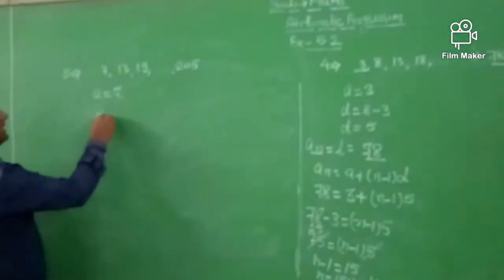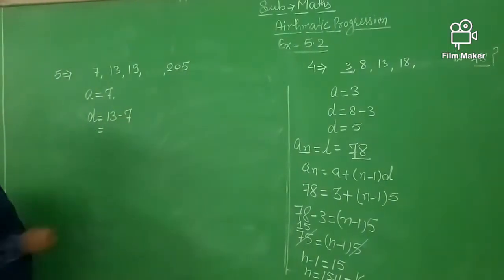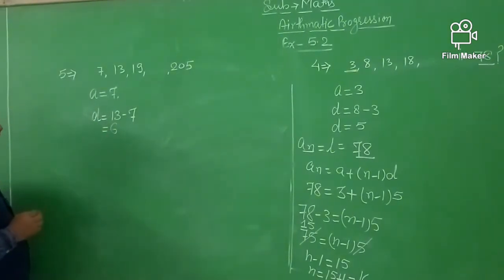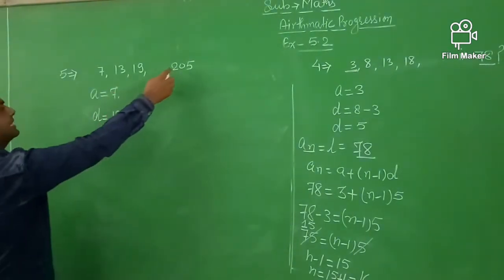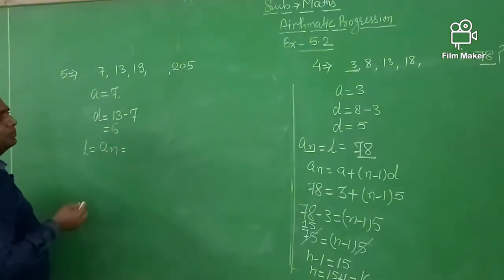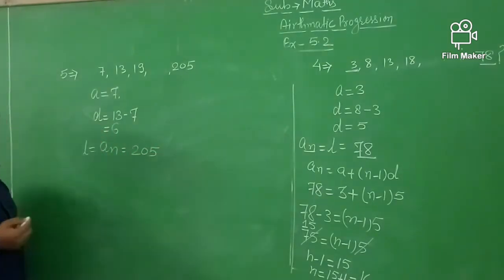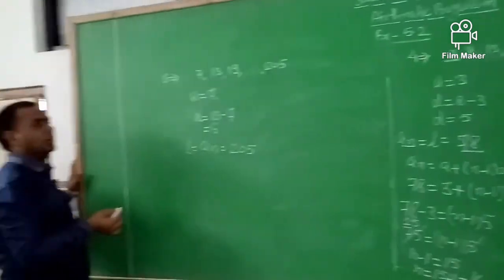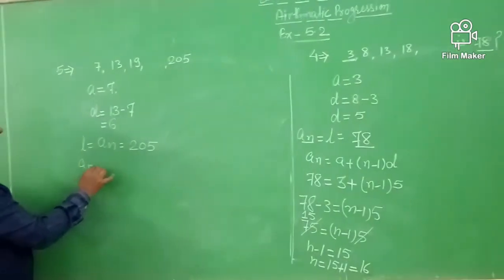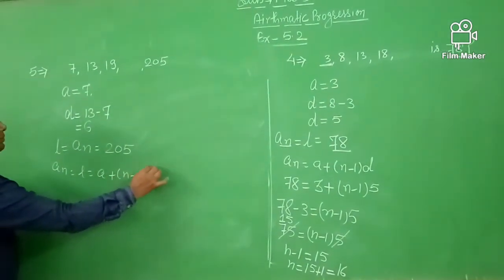The difference d is the second term 13 minus 7, which is equal to 6. After that, the last term, either l or an, is given as 205. Then you apply the same formula, because all the questions are solved like this: an is equal to l is equal to a plus n minus 1 into d.